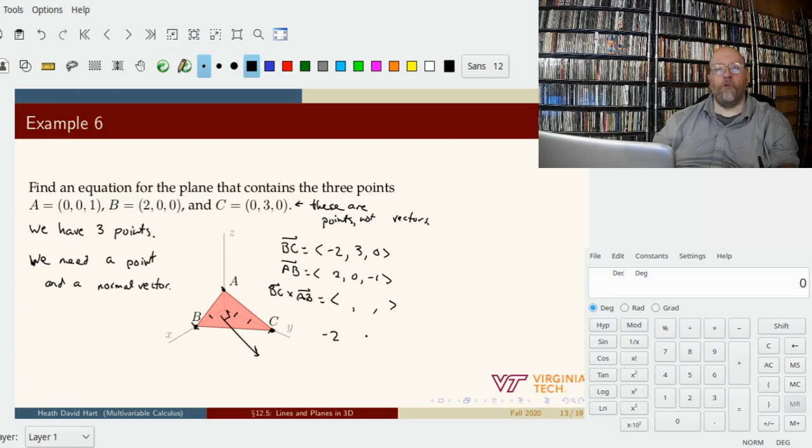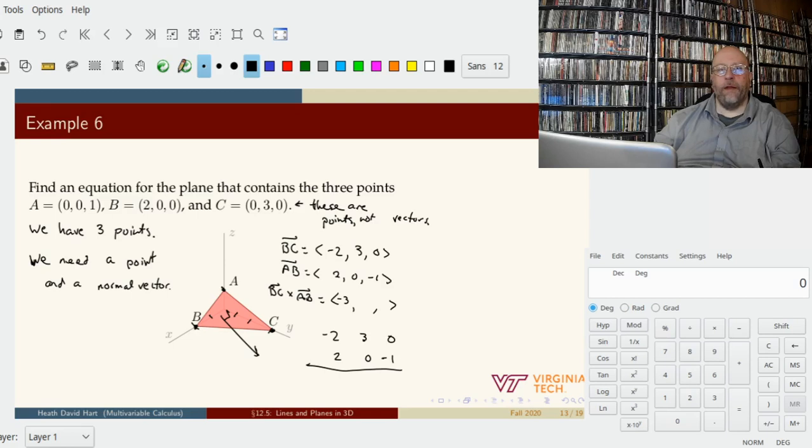Well, here's how we calculate cross products again. We did this last time, but we'll do this again. We write the vectors one above each other. When we calculate the x-coordinate, we ignore the x column. We multiply diagonal pairs and subtract. So negative 3 minus 0 is negative 3. All right.